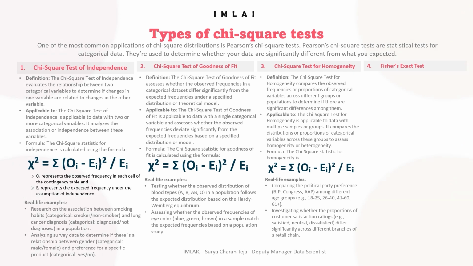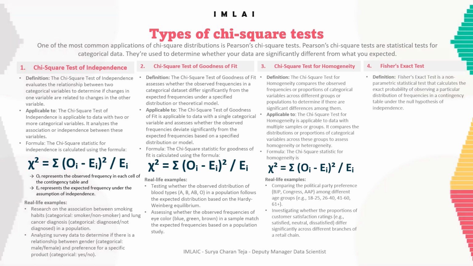It is a non-parametric test that calculates the exact probability of observing a particular distribution of frequencies in a contingency table under the null hypothesis of independence. It is applicable to data with a single contingency table that contains two categorical variables, and is used to determine if there is a significant association or independence between these variables.